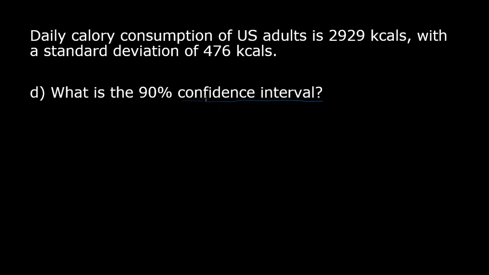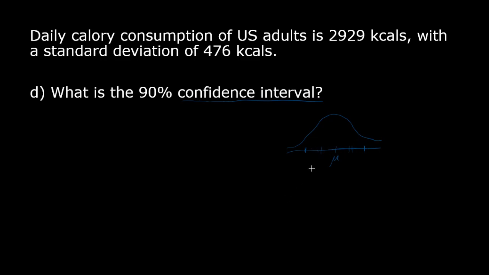Briefly, it's an interval centered around the mean value, and it has to be symmetric. If this distance is 5, then this should be 5 as well, and if this is 100, this should be 100. These two distances should be the same.